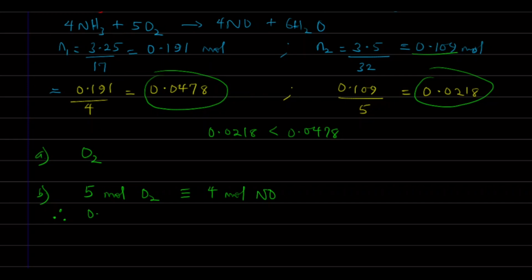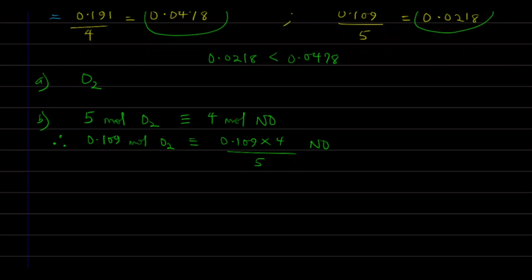Do not mistake 0.0218 for the mole of oxygen. 0.109 mole of oxygen will be equivalent to 0.109 times 4 over 5. That is for NO. So the number of mole of NO is 0.0872. But the question did not say we should solve for number of mole but mass.